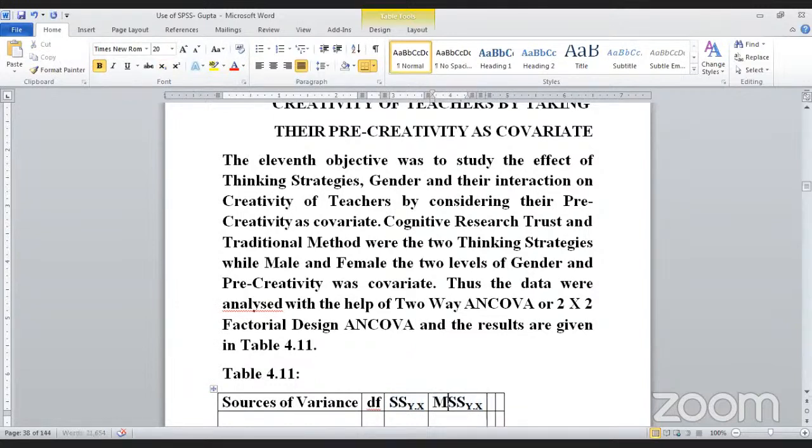And then it is MSS Y dot X. And then it is F Y dot X. And then it is remark.